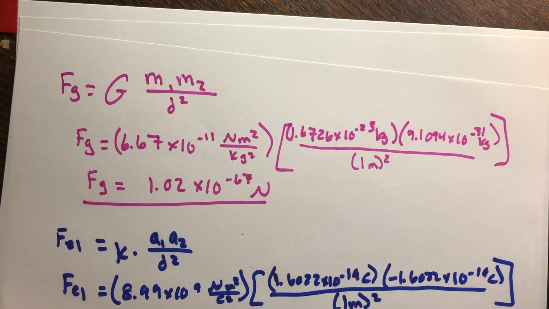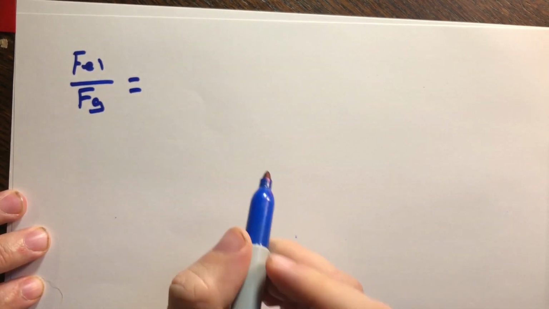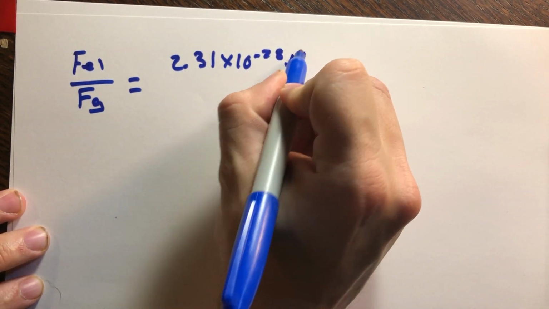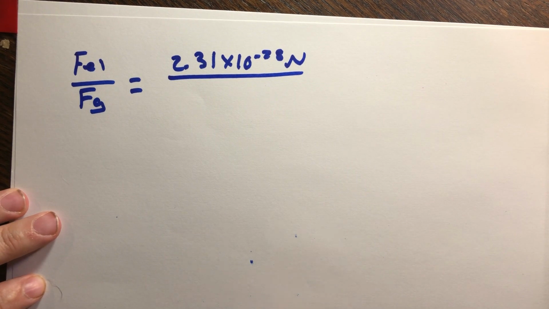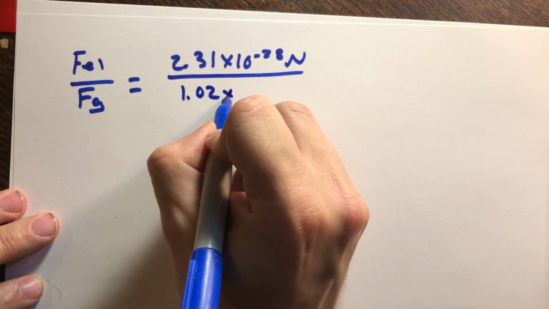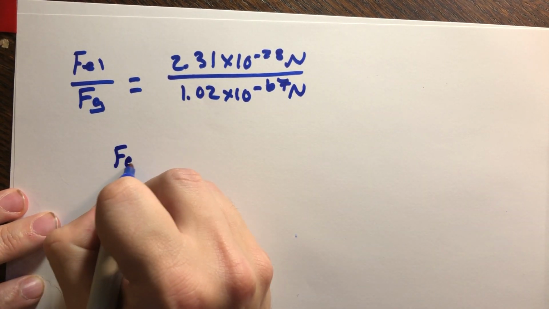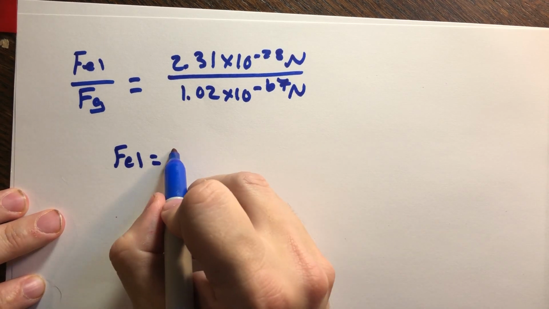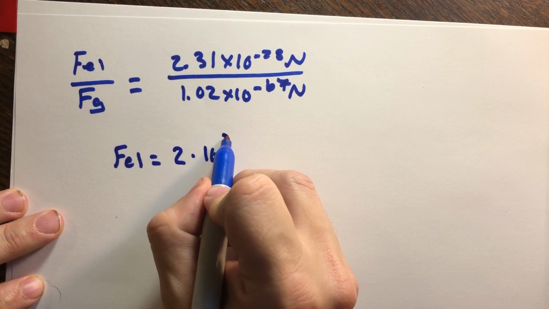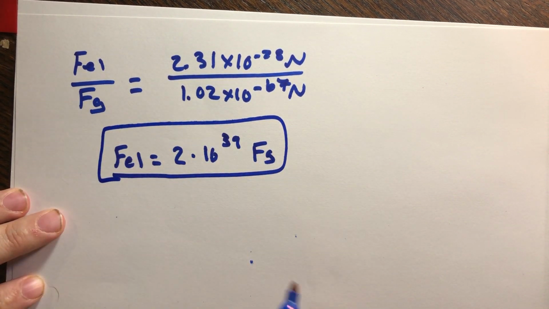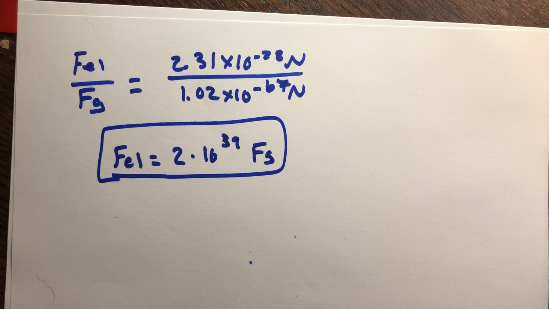So I'm going to take electric force divided by gravitational force: 2.31 times 10 to the negative 28 newtons, which was our electrostatic force, divided by 1.02 times 10 to the negative 67. We're going to see that the electric force is about 2 times 10 to the 39th times stronger than our gravitational force. So it is much, much greater than the gravitational force, even though they're both pretty small.